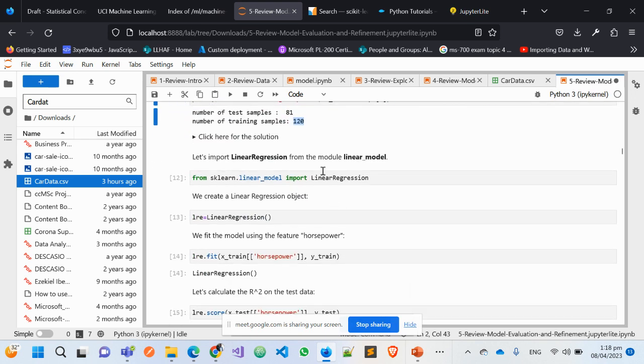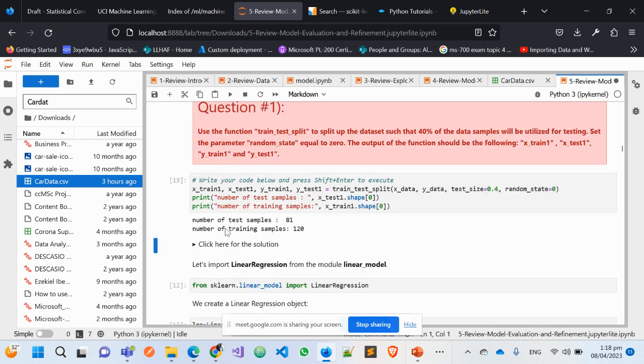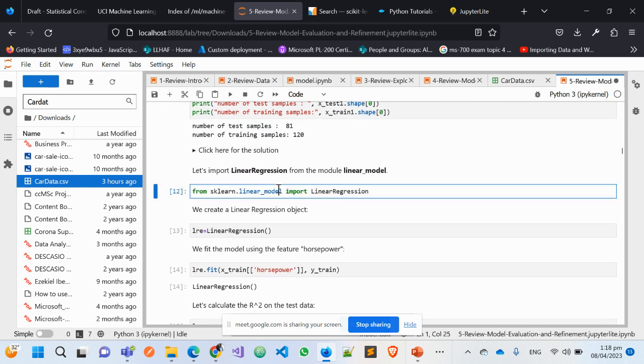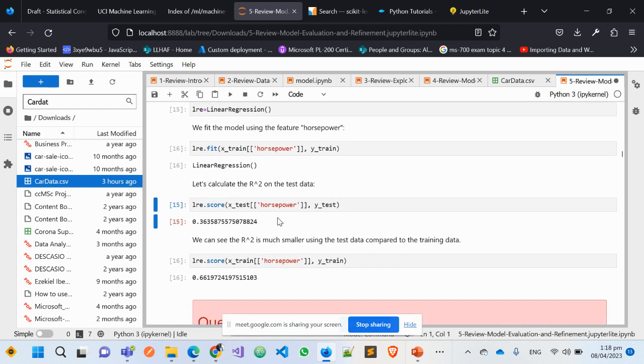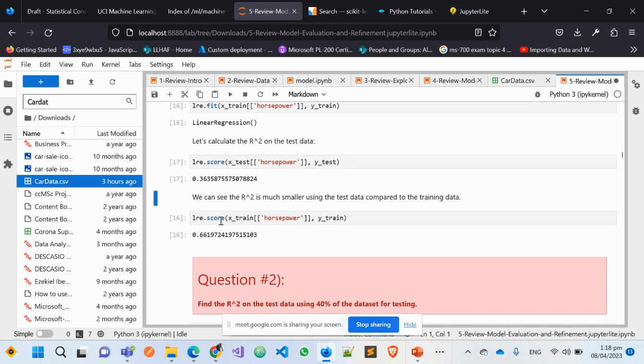In identifying that, we proceed further to import the libraries that will help us with our linear model, which is the linear regression. Remember, we used multiple linear regression as our model for prediction.